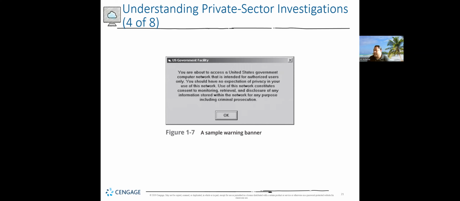Use of this network constitutes consent to monitoring, retrieval, or disclosure of any information stored within the network for any purpose, including criminal prosecution. So in other words, by clicking OK, you're agreeing: look at whatever you look at, your email, what to eat, etc. You give them all that A-OK when you click OK. You agree to it. That's what that means.